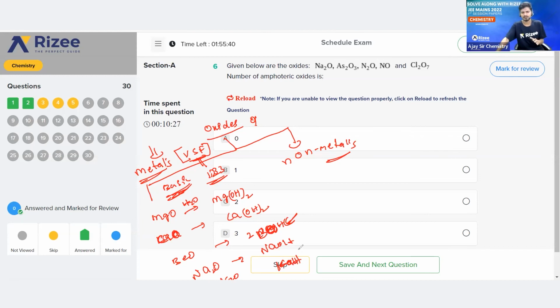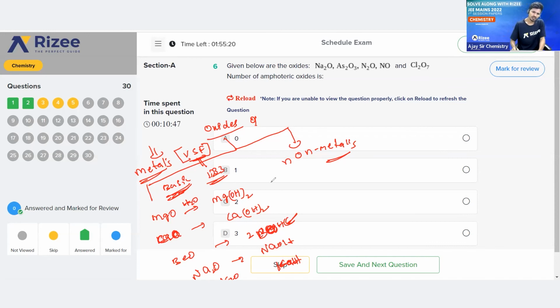Why I am telling this: maybe in the next sem they will ask. In this session they asked about amphoteric oxides, so maybe in the next session they may ask what are the basic oxides, or what are the acidic oxides. We have a chance now.